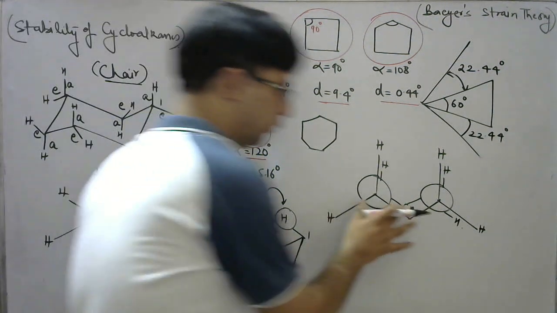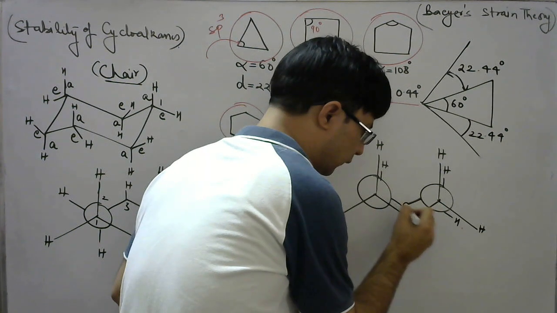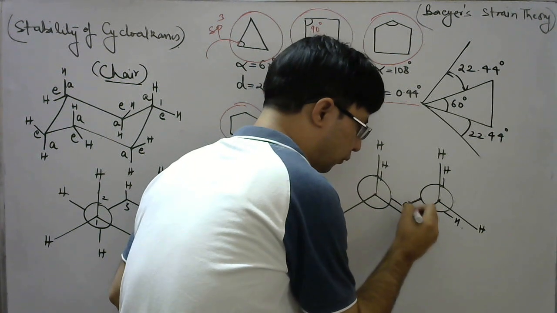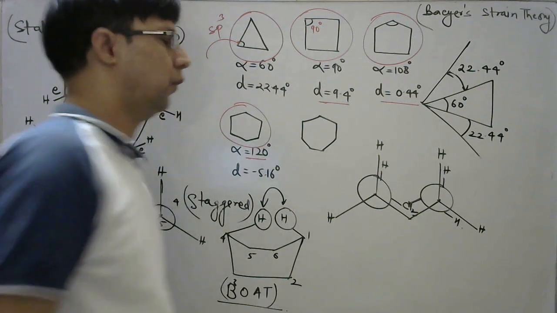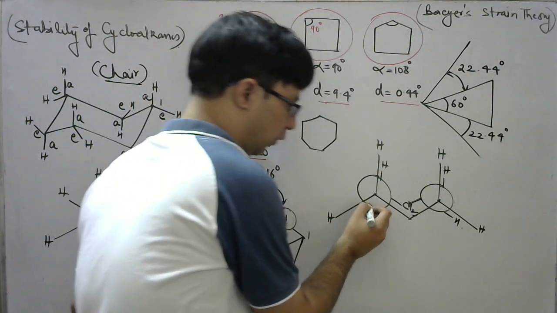That is the eclipsed form. This is a carbon atom bonded to two hydrogen atoms. It is said to be the eclipsed form of the molecule.